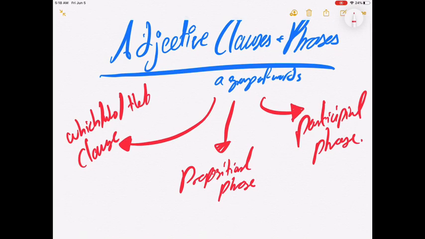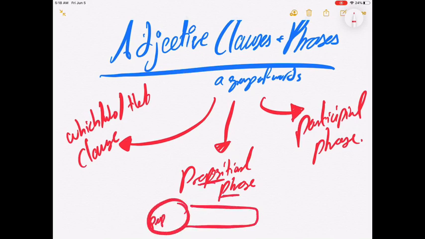So, I think the name really describes what it's composed of. In case of prepositional phrase, it is simply a group of words that begins with a preposition. Of course, we will dive into its components right now, but bear with me until we do so. In case of a participial phrase, it is simply a group of words that begins with a participial, or a participle, sorry.